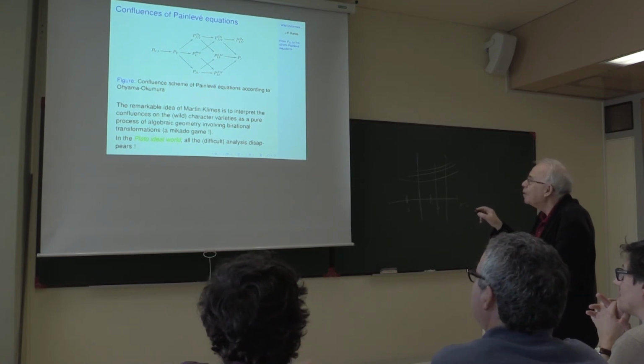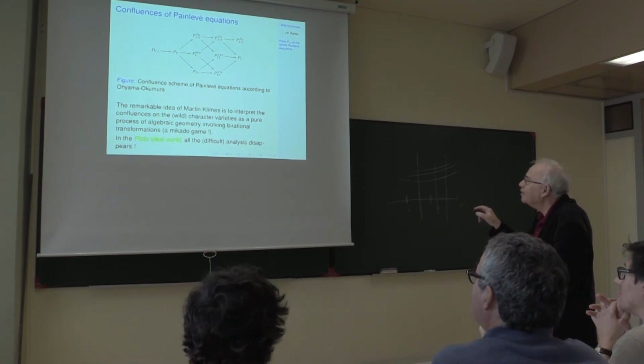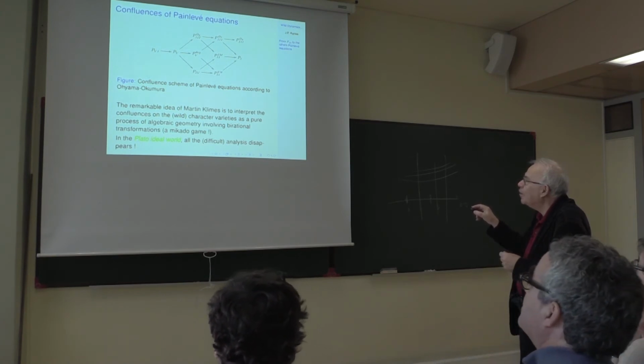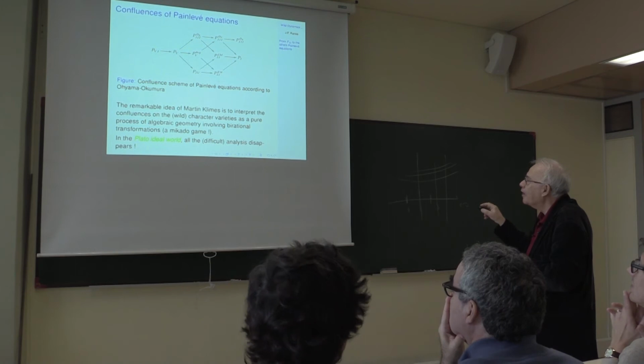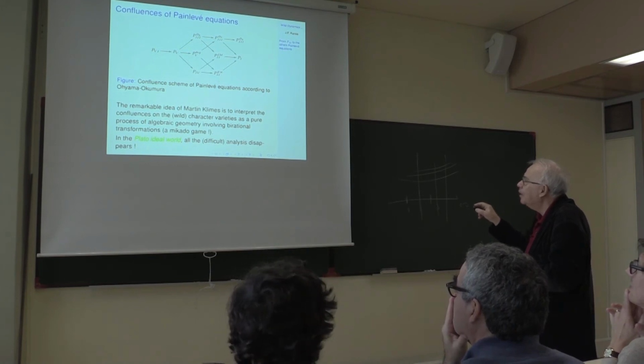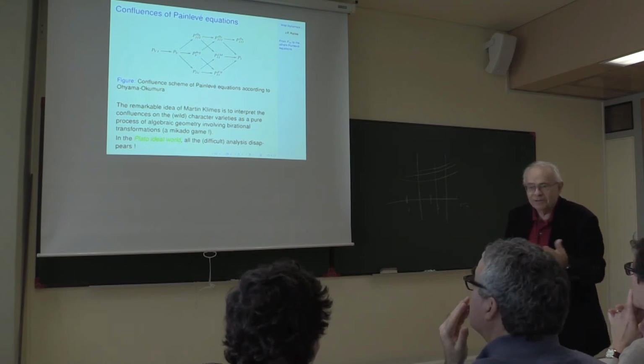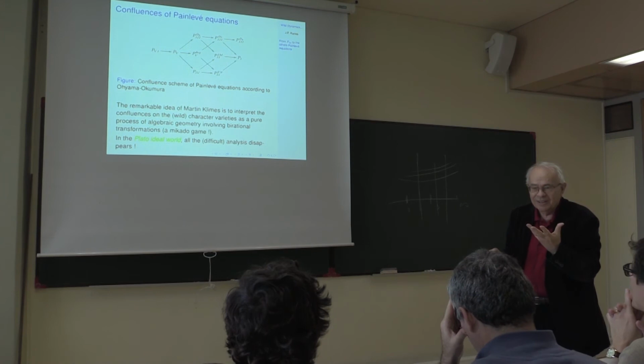So we are writing a paper on this. I think we have understood this confluence. And the hope is, as I explained, on this model of P2, you can understand a lot of very interesting things. It's very clear.